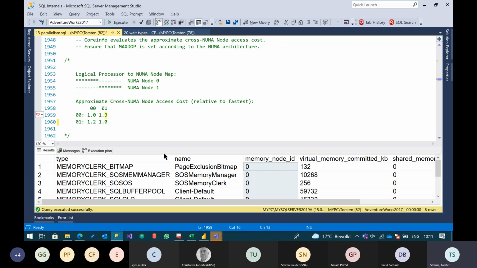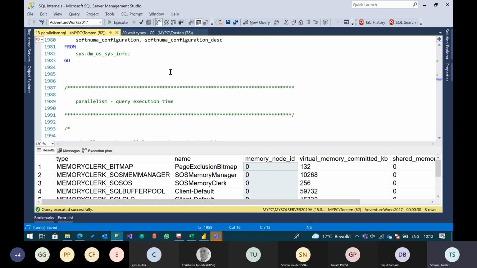In terms of the CPU power, that means you already reduce the performance of the query by 30%, just by allowing SQL Server to exchange data between the NUMA nodes. This is something you should avoid, because there is definitely a big overhead related to cross-NUMA node data exchange, right?